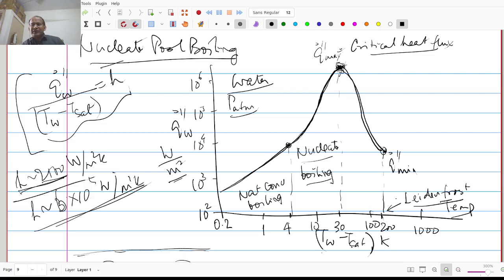A typical way to visualize the Leidenfrost temperature is if you have seen a hot tawa, the roti ka tawa, chapati ka tawa that is kept on the gas stove with the flame in full force, then the typical temperatures of the tawa go anywhere between 200 to 350 degrees Celsius, right?